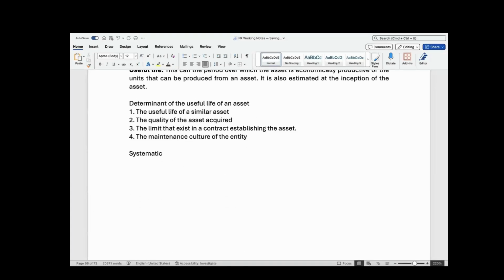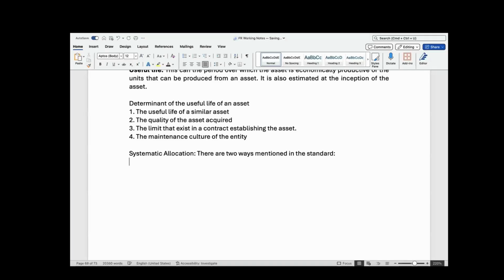And finally, systematic allocation. So from the name, systematic allocation, this is how you'd allocate the depreciable amounts. So there are really 2 ways mentioned in the standard for systematic allocation.